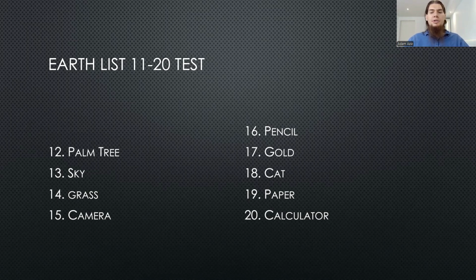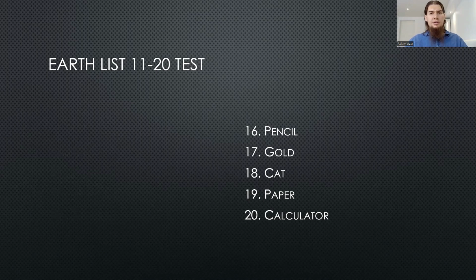Number 12 is palm tree. See it linked with number 12 of the Earth list. Number 13 is sky. Number 14 is grass. Number 15 is camera. See, interact with 15 of the Earth list. Number 16 is pencil.